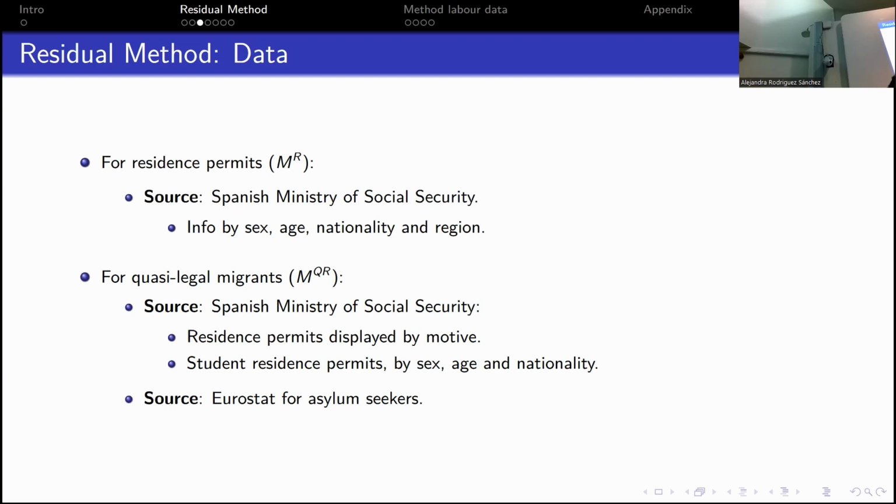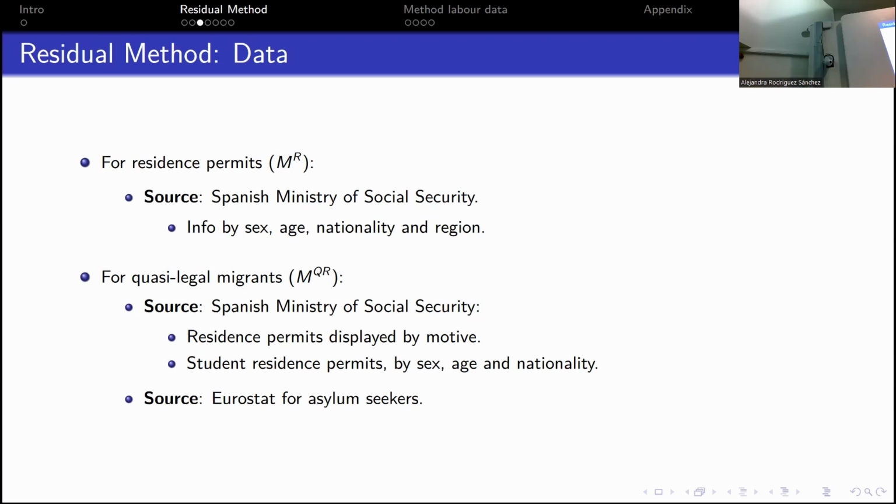I need to assume, or give a probability, that people who before had a temporary resident permit will be in the process of renewing it, okay? And I will count as legal a fraction of them, because I will claim that a fraction of them will renew their permits.